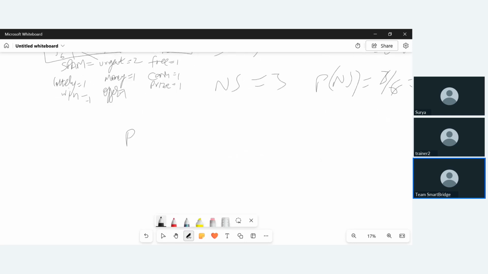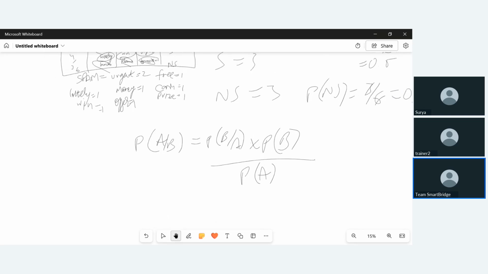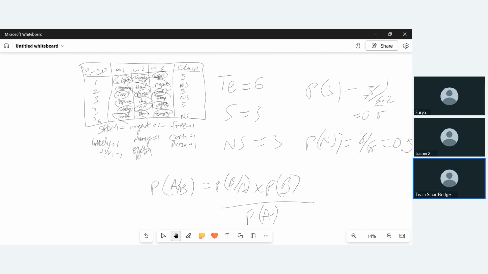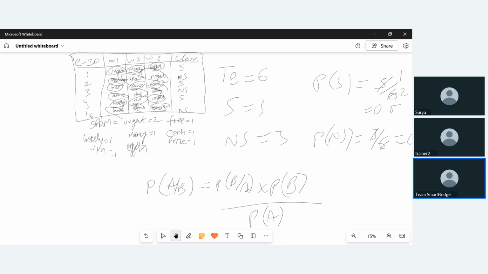Now we take this statement: probability of A given B is equal to probability of B given A into probability of A divided by probability of B. Here, these words we are considering as spam words: urgent, free, lottery, money, win, offer, cash and price.